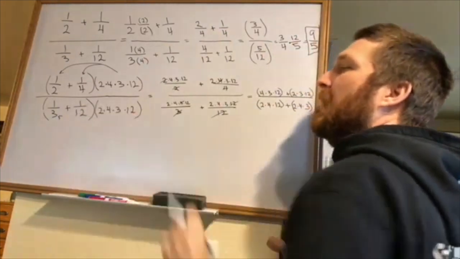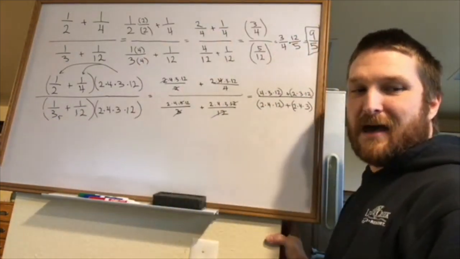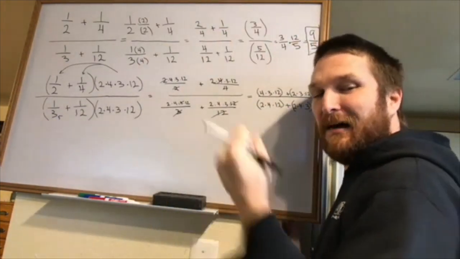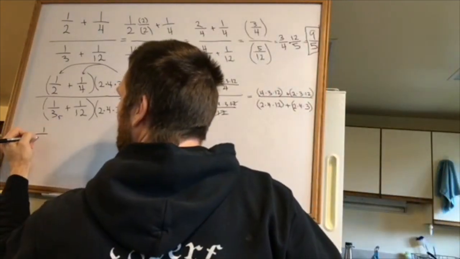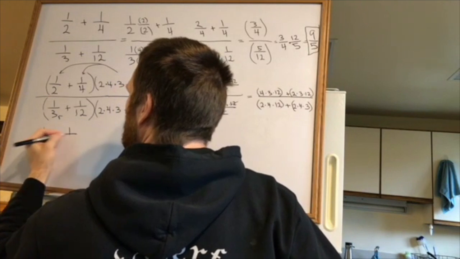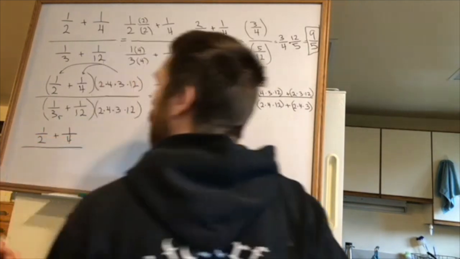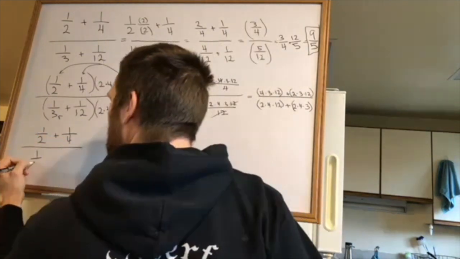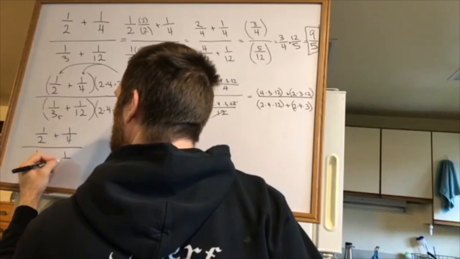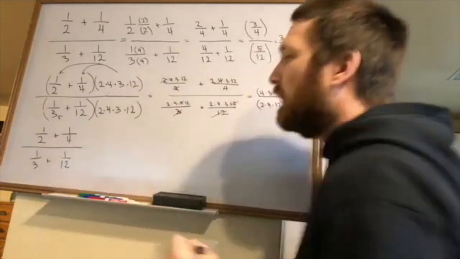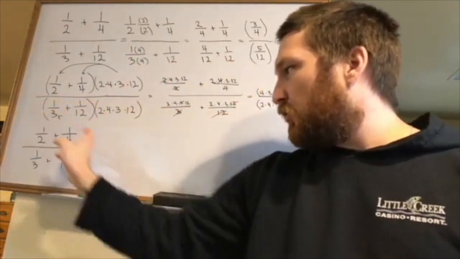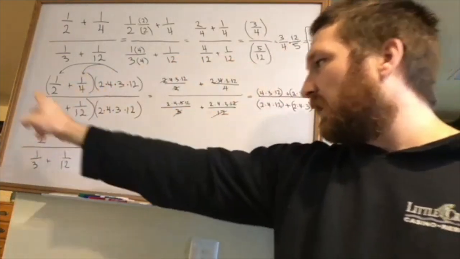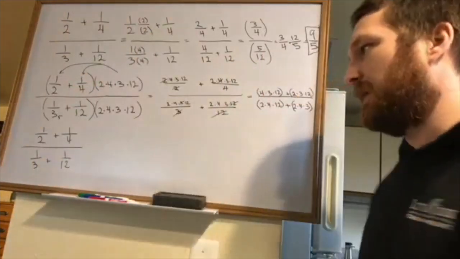And now I'm going to ask you to start writing stuff down, because this is the idea of what we're doing. Given an expression like this, 1/2 plus 1/4, all over 1/3 plus 1/12, my goal is to multiply this thing through by something that will kill every one of those denominators.